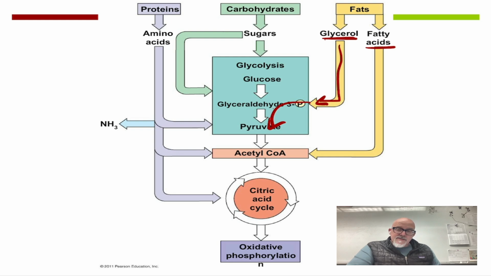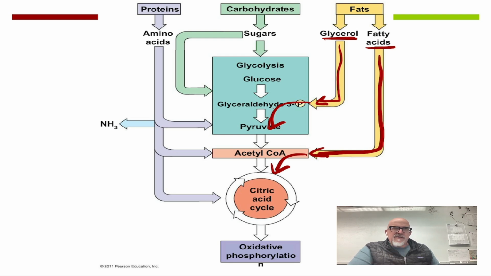The fatty acids, they're long carbon chains, right? They're broken down into these two carbon compounds, which then join up with this to make acetyl-CoA, which can then enter here. So you can still get ATP as an end product, but you enter at a slightly different place, right? Same can be said on the other side here for proteins.